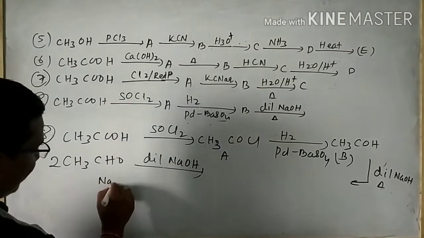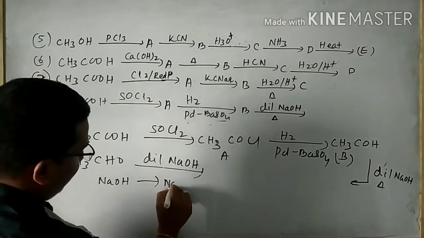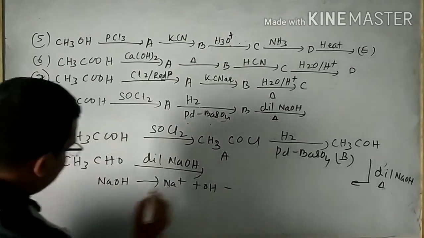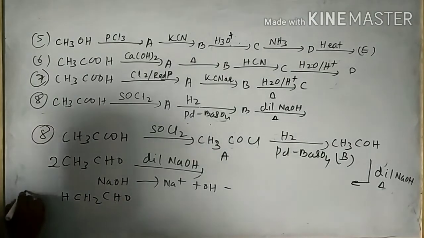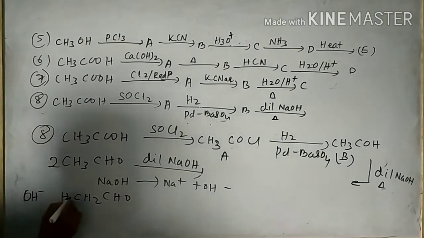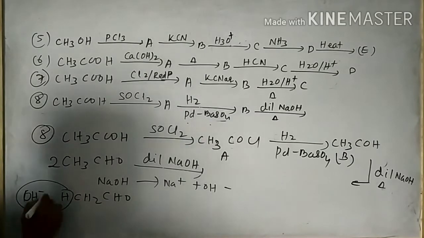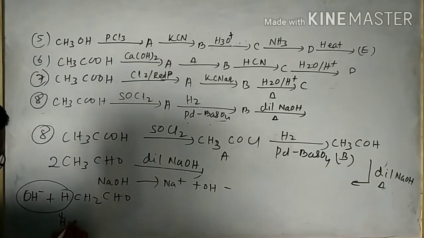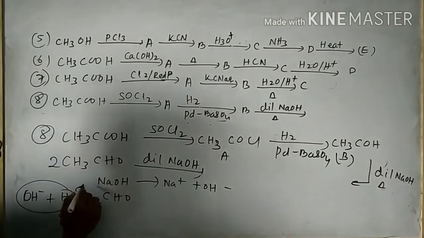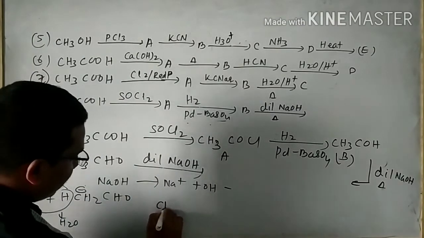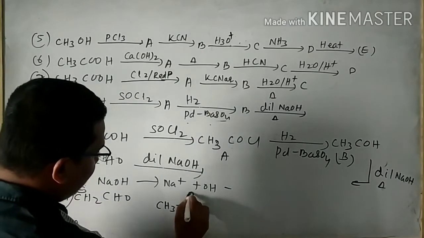At first NaOH gives Na plus, OH minus. OH minus combined with the hydrogen of H CH2 CHO forms the water molecule and here the minus charge will be formed. This minus charge will attach to the other acetaldehyde.